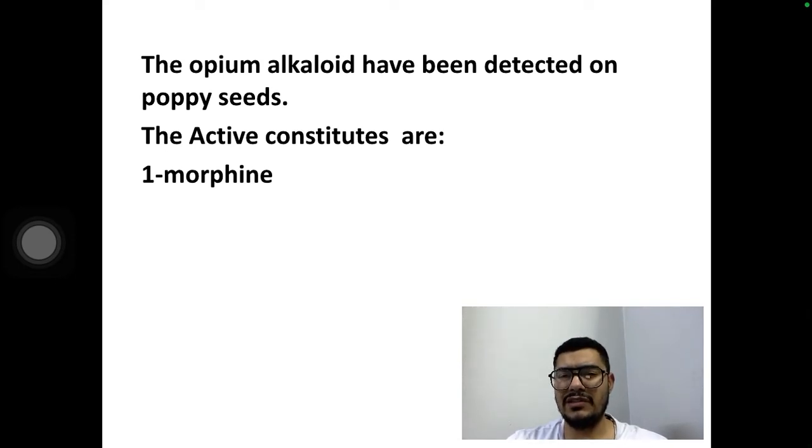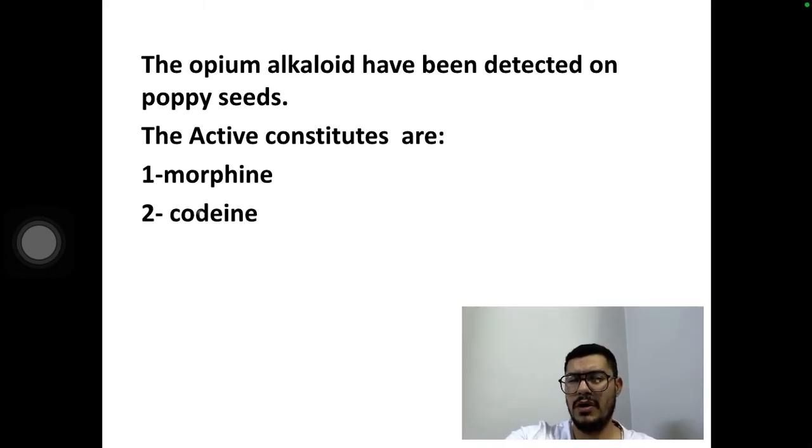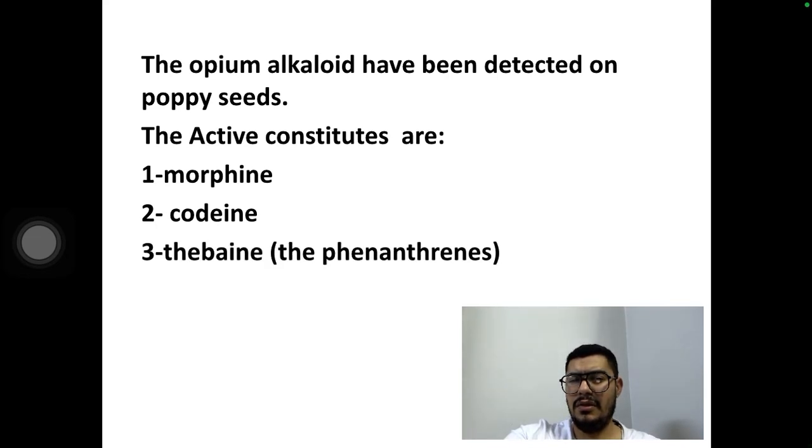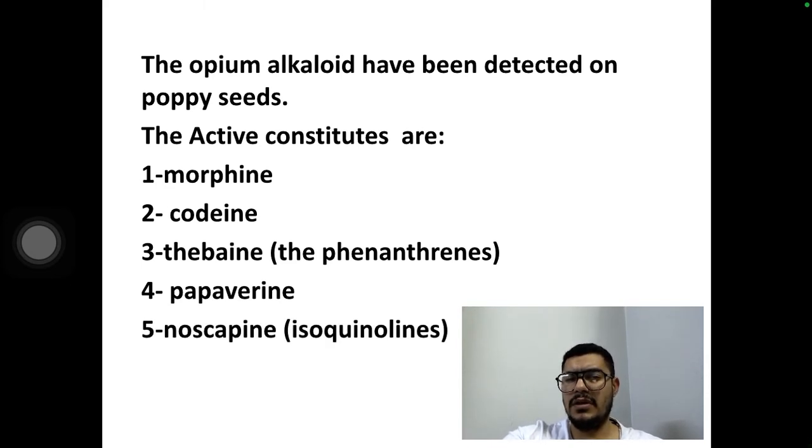So it's restricted to use exclusively in the hospital, especially morphine and pethidine. Other compounds are codeine and thebaine, another name phenanthrenes, papaverine, noscapine, isoquinoline compounds. All these compounds are present in the plant in a certain percentage.